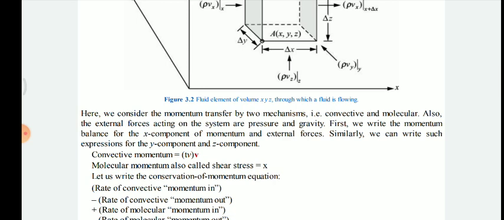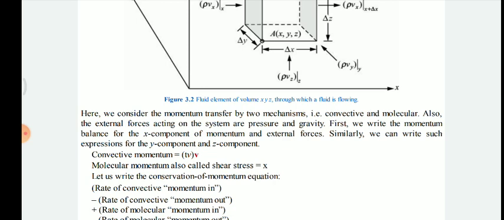Here we know the difference between convective transfer and molecular transfer. In convective transfer only heat is transferred, and in molecular transfer heat as well as mass can be transferred from one point to another. So here we consider two mechanisms: first convective transfer, and second molecular transfer.